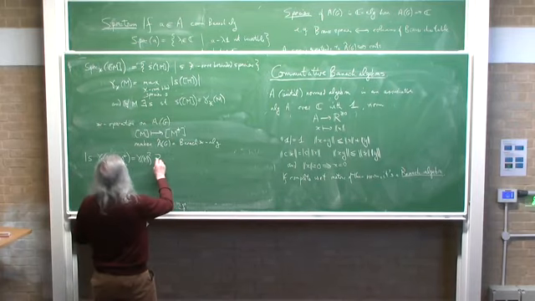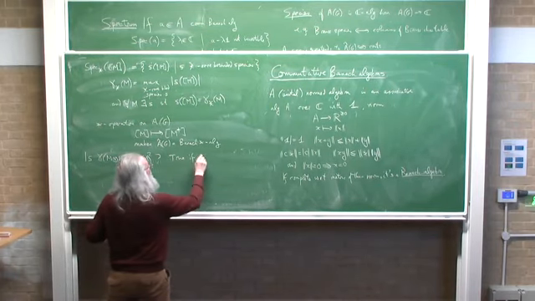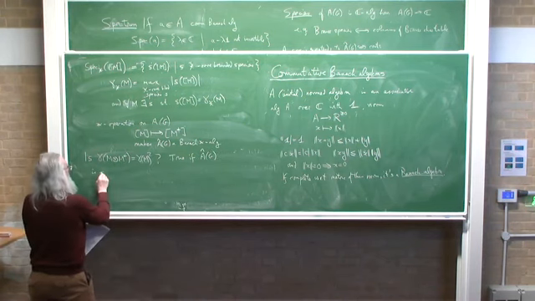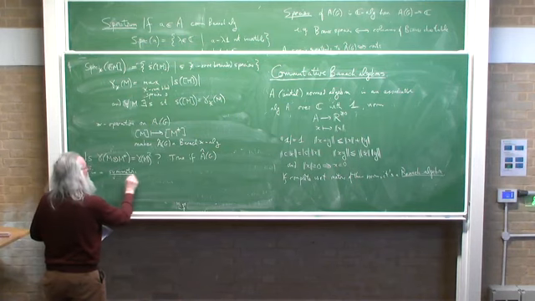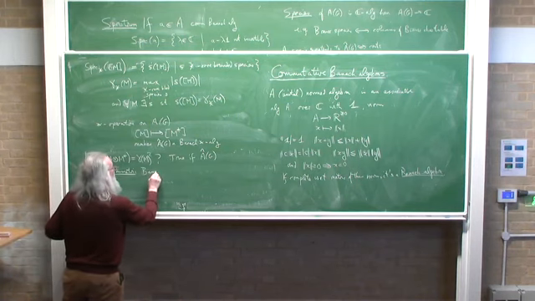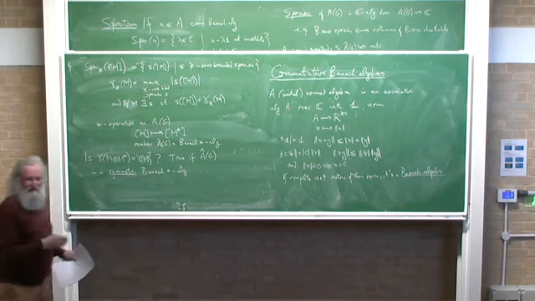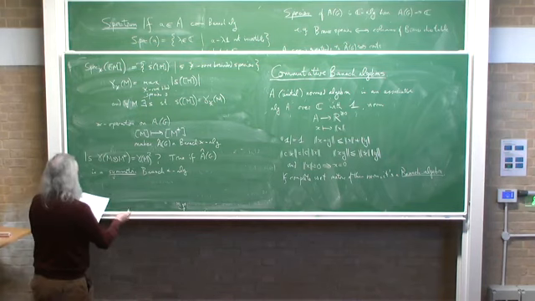What I'm trying to point out is this is true if A hat of G is what's called a symmetric Banach star algebra. And I'll give you several equivalent definitions of what a symmetric Banach star algebra is.